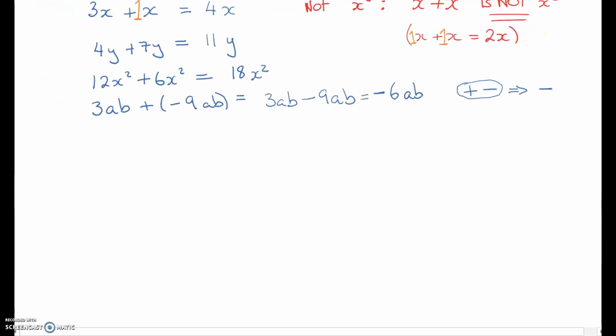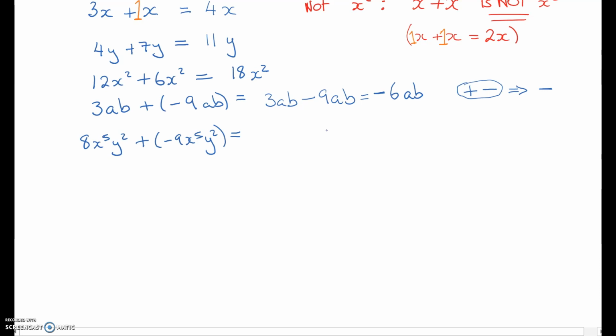Right, let's go on. The next one we had was 8x to the power of 5 y squared plus negative 9x to the power of 5 y squared. Both of them are x to the 5 y squared, so our answer will be x to the 5 y squared.